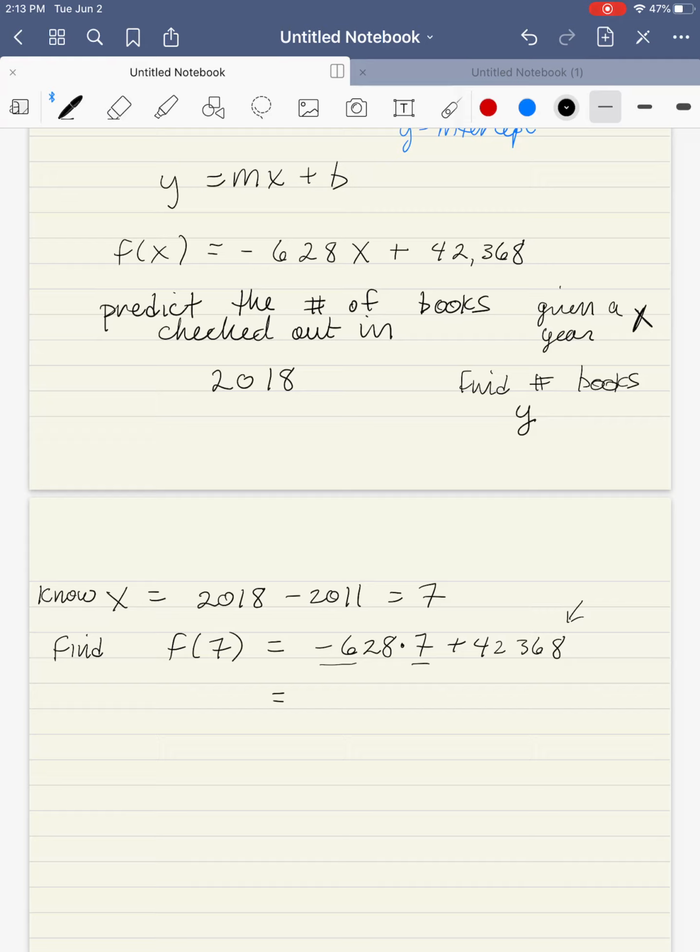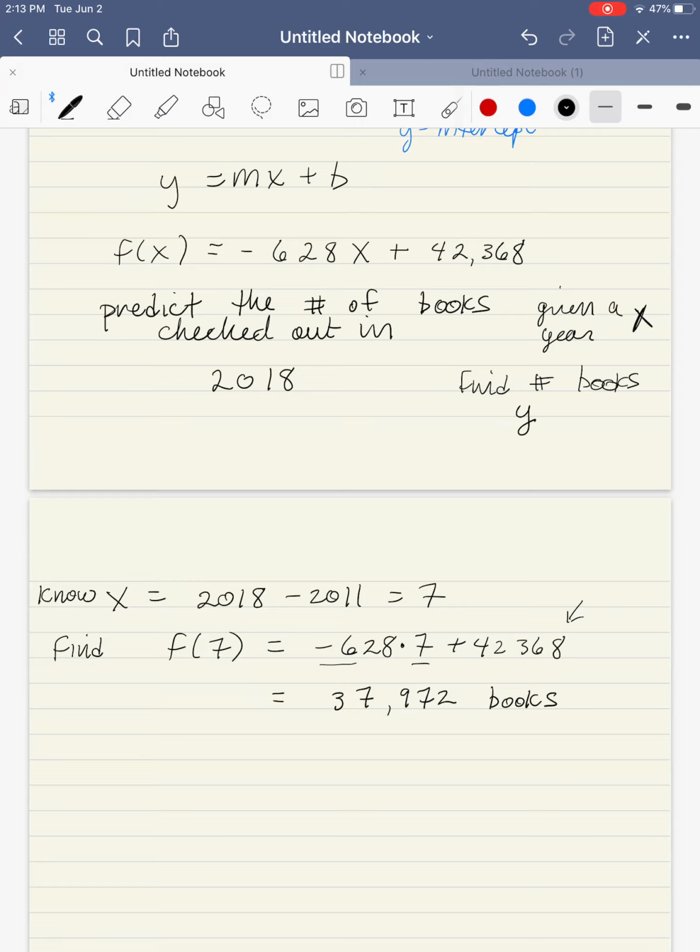So I'm doing my math here, -628 times 7 plus 42,368, and I get that we would expect to check out 37,972 books in the year 2018.